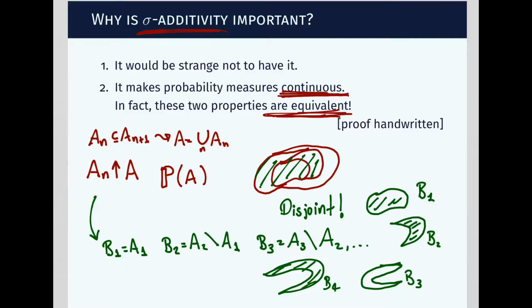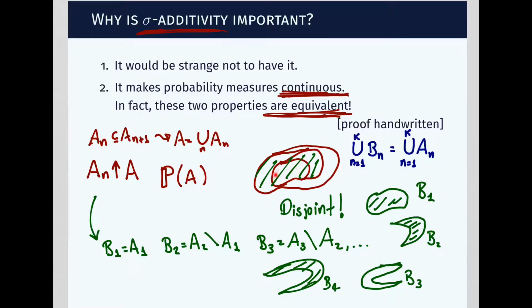And most important, they have this property. If we take the first K events, the green ones down here, and we take the first K events, the red ones up here, what we get is the same. The only difference is these ones are disjoint, so we're really collecting pieces that do not overlap. And these ones are increasing, so there's a lot of redundancy.